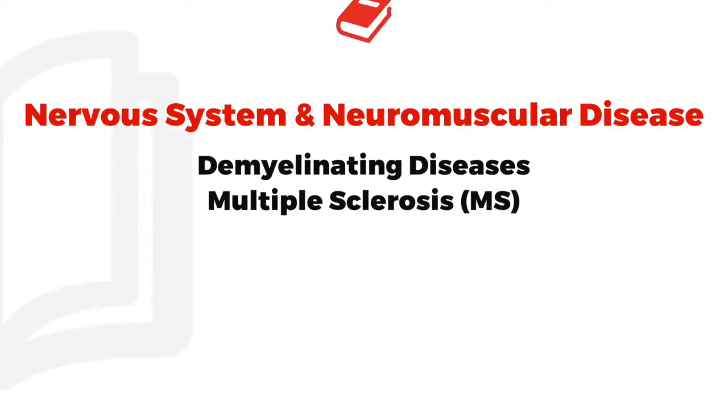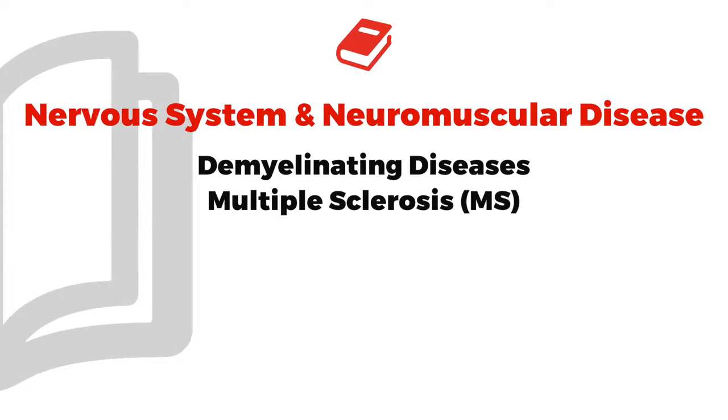All right. A couple other nervous system diseases we need to talk about. The first one is multiple sclerosis. This is one of our demyelinating diseases, and multiple sclerosis is an autoimmune disease. It affects women more than men, like we know about autoimmune diseases in general, and these patients have demyelination in the central nervous system. The other interesting thing about multiple sclerosis is that it usually happens in patients in northern latitudes.